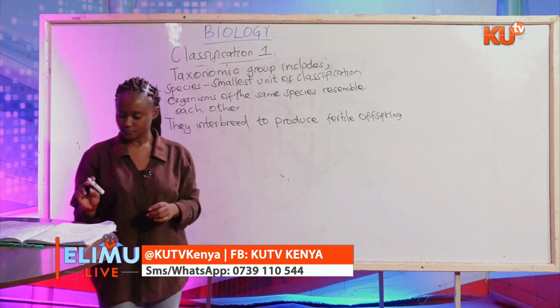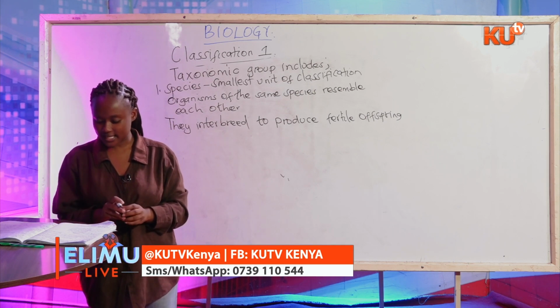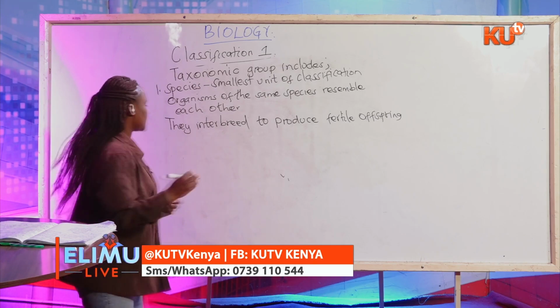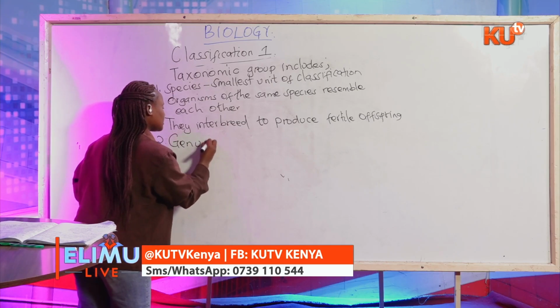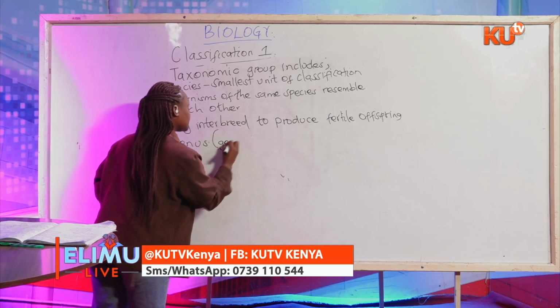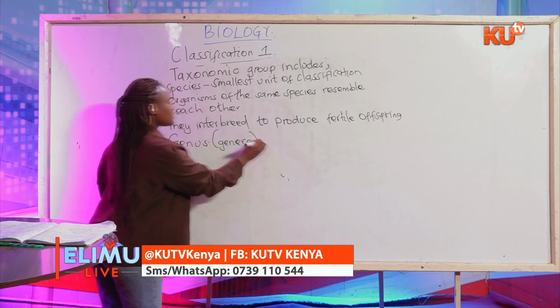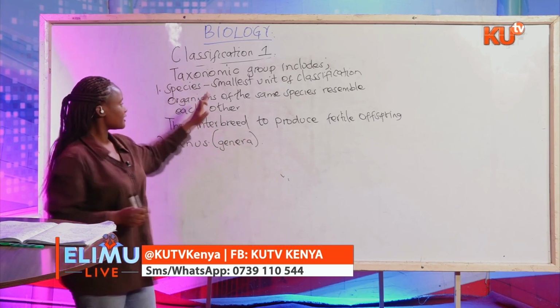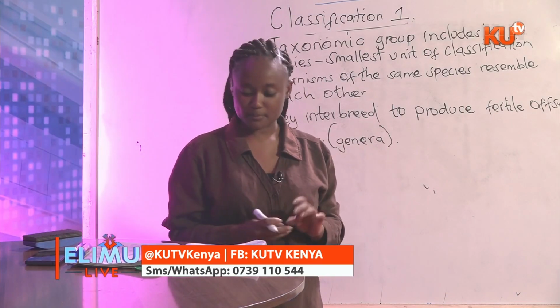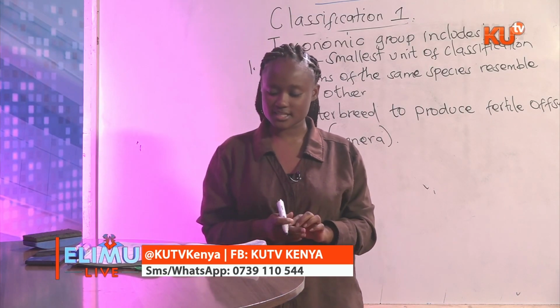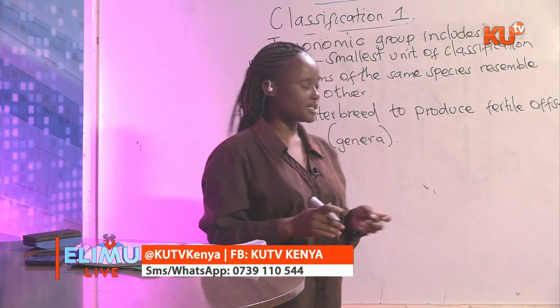Now, we have the second one, the second unit, which is genus or genera. So this is the unit after species, and is made up of a number of species that share several characteristics.